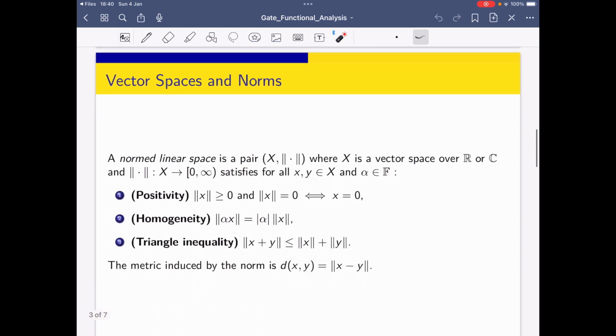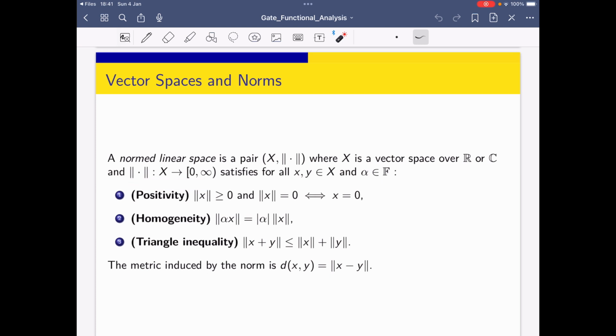So what is a normed linear space? Here is the definition. First of all, you need a vector space. X is a vector space over R or over C. Then you need a function, and this function should satisfy these three properties.